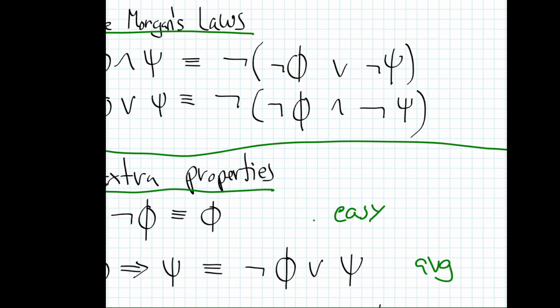It's not exactly the valoration, although it's not exactly the semantic valoration either, because both of these have the same valoration, but different semantic valorations.